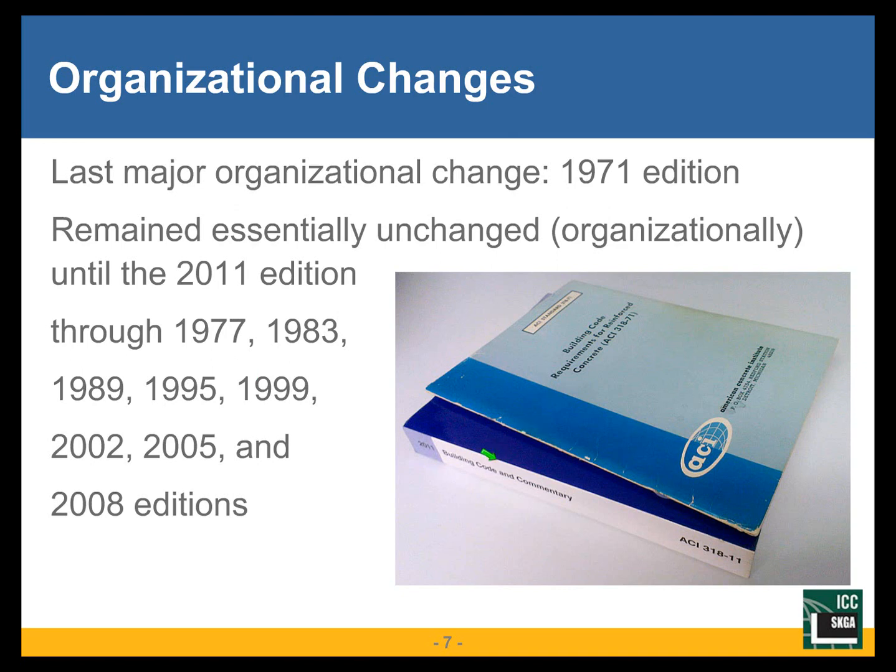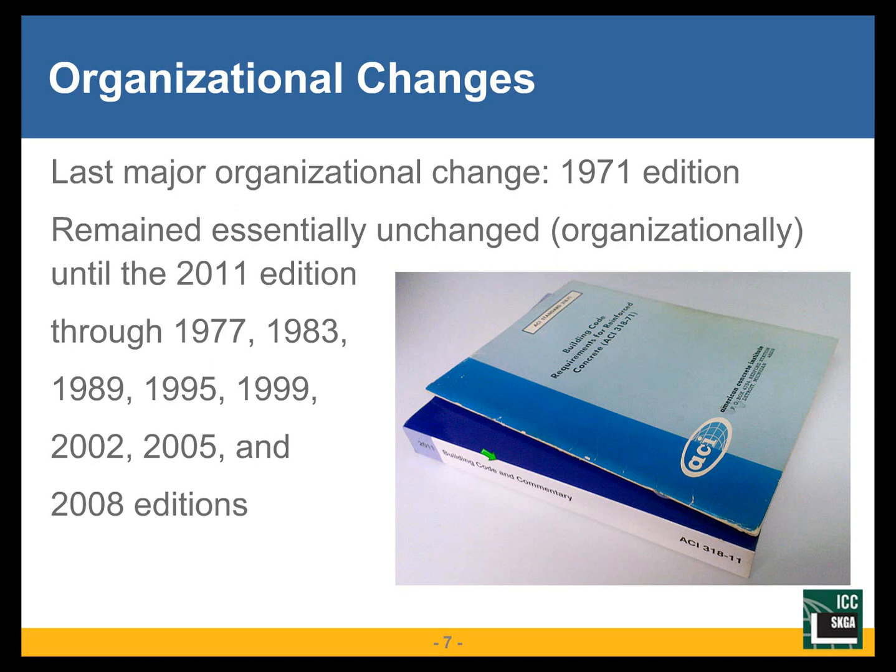Now, this comparison shown by the photograph is a little bit unfair because back in the days of 1971 318, the commentary was in a separate volume. So we should have put the two volumes together because now the commentary is included with the standard.